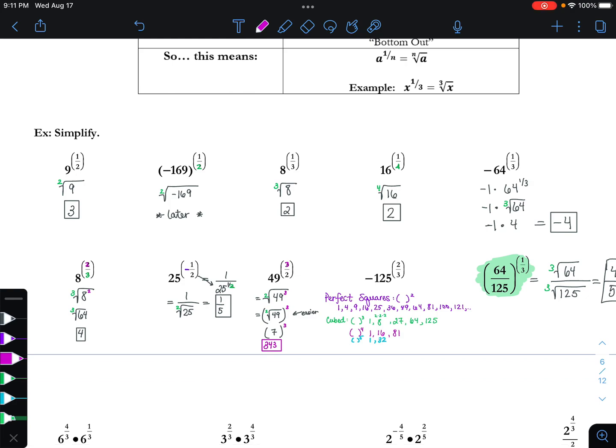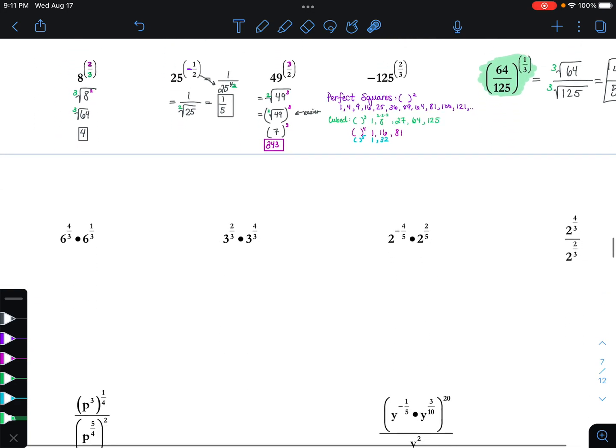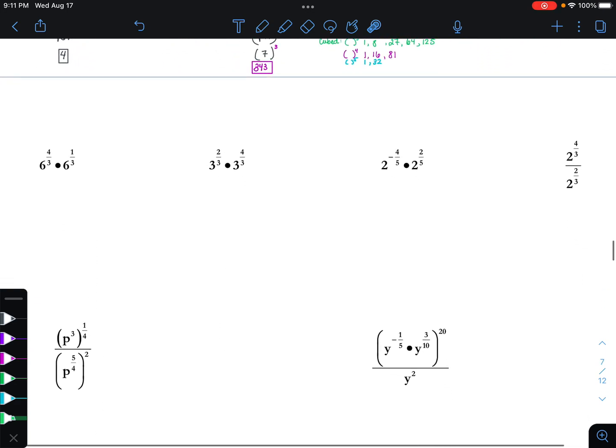So being able to simplify with our rational exponents by converting to radical is important. We should also be able to apply our properties of exponents like we did earlier in our lessons. Follow those exact same properties, but just do it when our exponents are fractions.